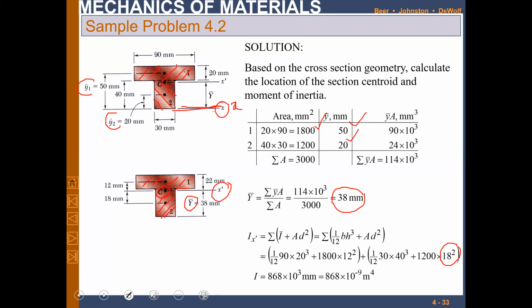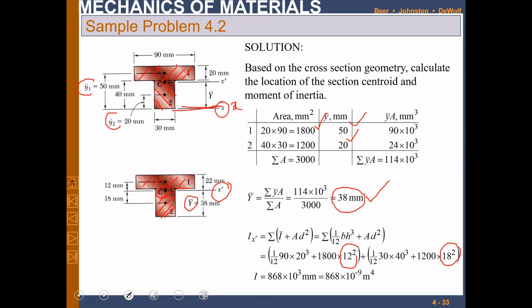So it is 25 and it is 20. So 38 is basically the distance of the centroid.